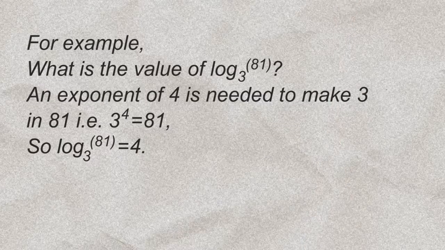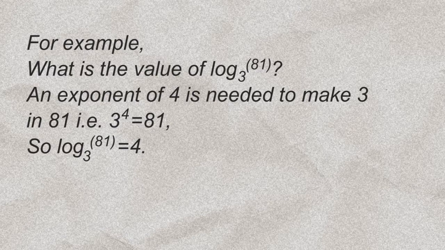Now, for example, if you are asked to find the value of log 81 base 3, you will come to see that an exponent of 4 is needed to make 3 into 81. So that means 3 raised to power 4 will be equal to 81.